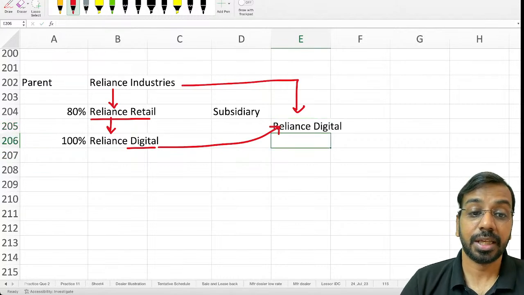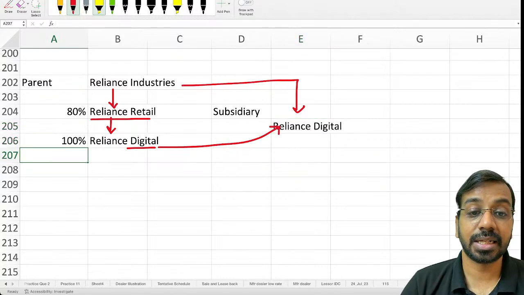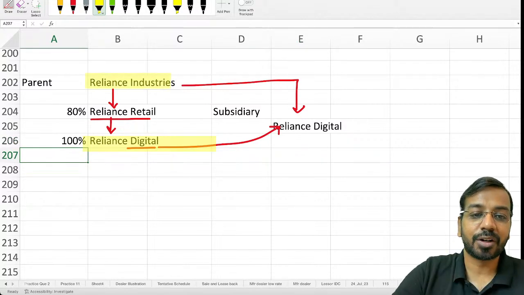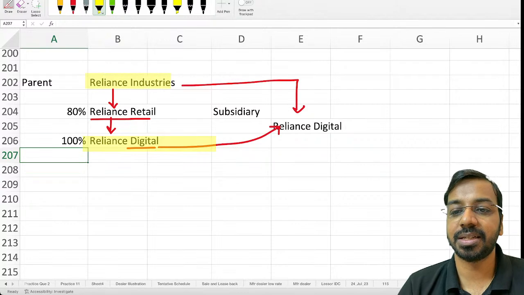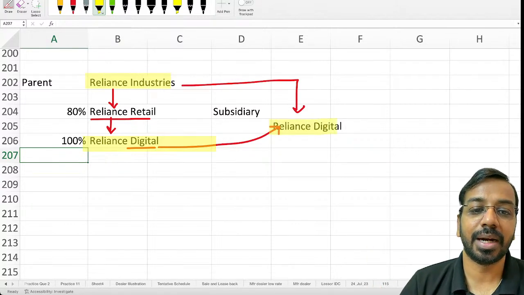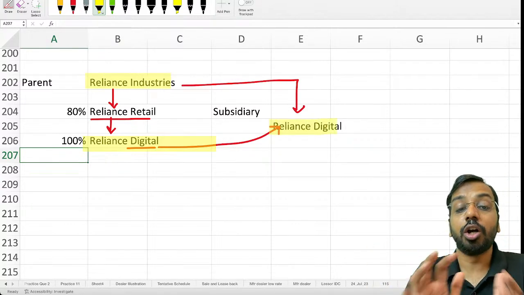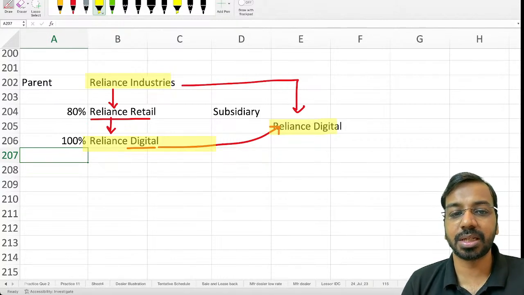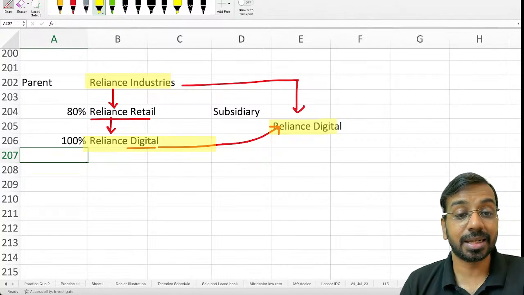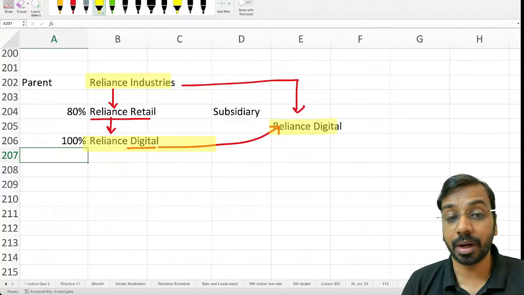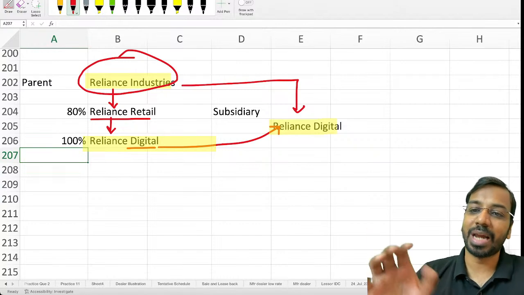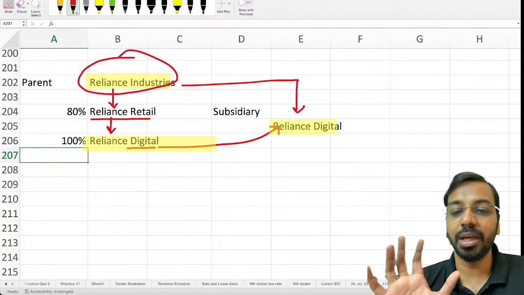Reliance Digital was earlier ultimately controlled by Reliance Industries, and after the reorganization it is again controlled by Reliance Industries. The control has not changed. Reliance Retail has sold the business to Reliance Industries, which has acquired a business, but ultimately, if you look at the group, the control has not changed.